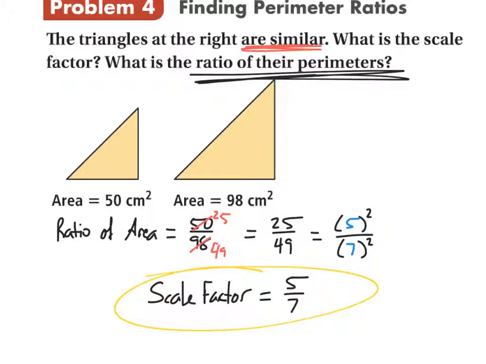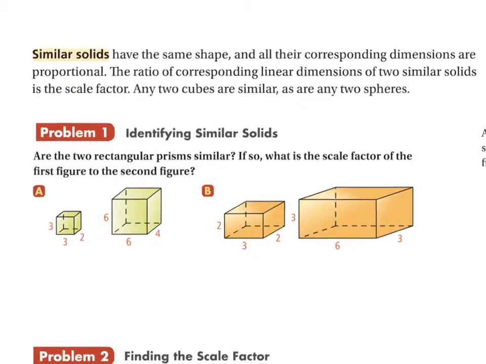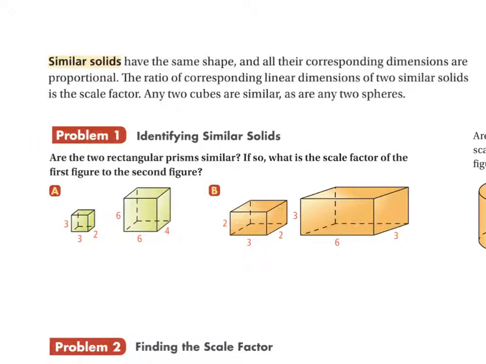All right, let's go to the back side. All right, on the back side here, we're talking about similar solids. And similar solids are just like similar figures in that they are going to be the same shape but different size.